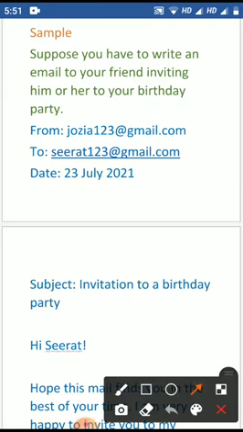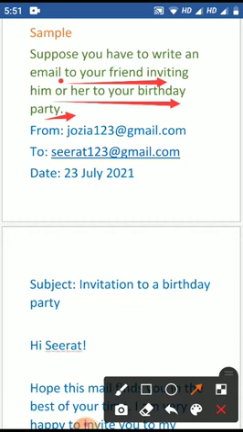Suppose you have to write an email to your friend inviting him or her to your birthday party. For example, your name is Josiah and your friend's name is Seerat. So we will write here Josiah's email address. Josiah is writing to her friend.